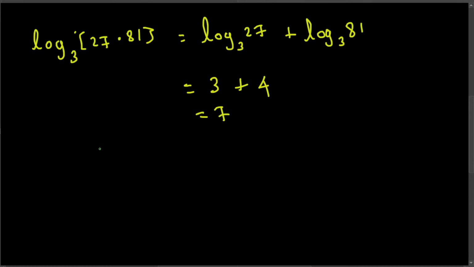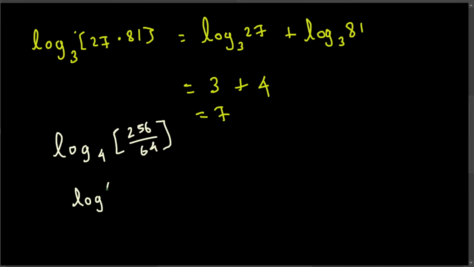Let's say we have a question given like log base 4, and then we have a division inside the bracket, 256 over 64. Now we know there's another equation we've seen, that when we have division of two values a over b, we can also express that like log a minus log b.